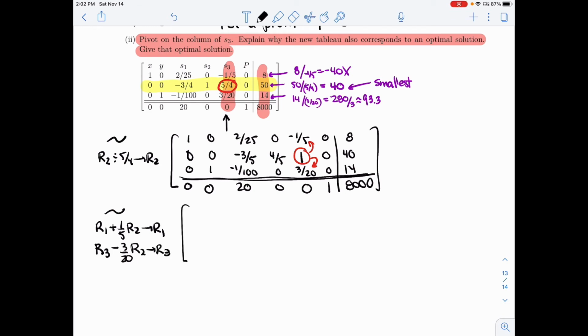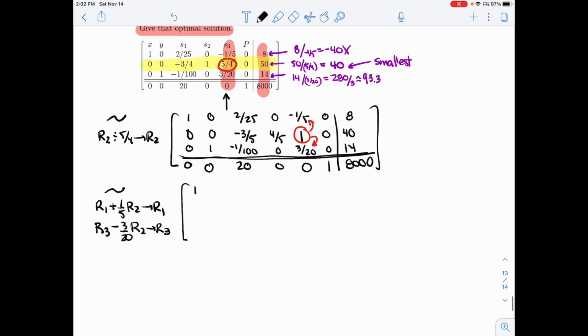All right, don't hesitate to use your calculator here if you need it. 2 over 25 minus 3 over 25, that's minus 1 over 25. Here I'm going to get 4 over 25. I'm going to have 0, 0, and then this one will actually increase. I'm going to add 40 over 5, I'm going to add 8, so I'm going to get 16.